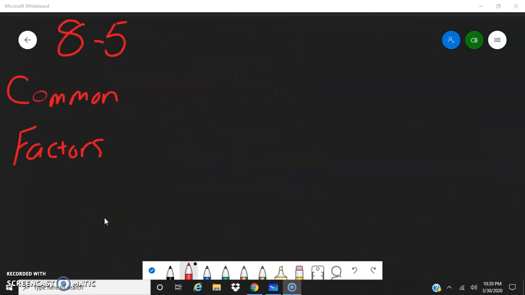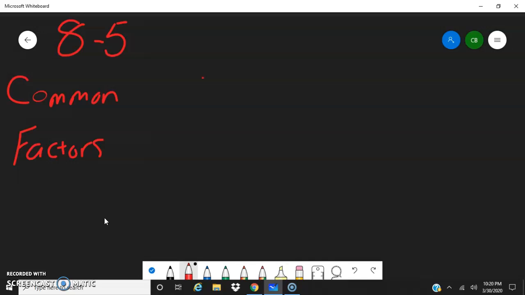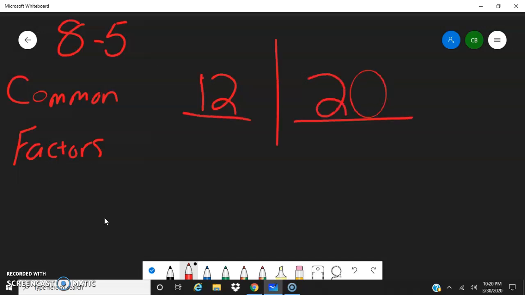In order to figure out the greatest common factor of an expression, you have to know the factors of each thing. For example, if I give you the numbers 12 and 20, we're going to list the factors of 12 and 20.